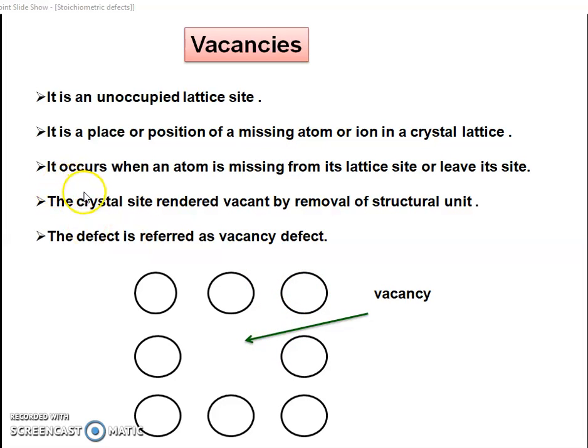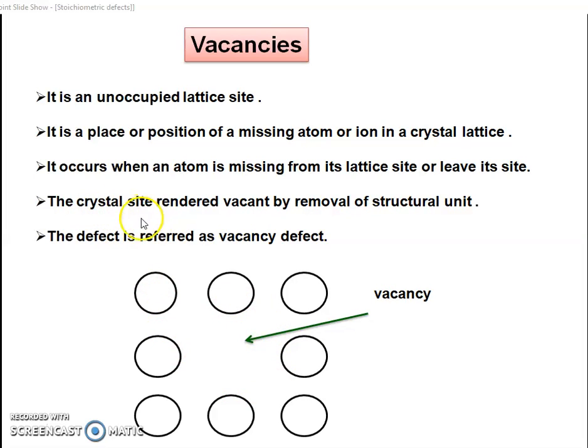Next point, it occurs when an atom is missing from its lattice site or leaves its site. These types of defects are vacancies, because some atoms are missing or leave their site, leaving free space.